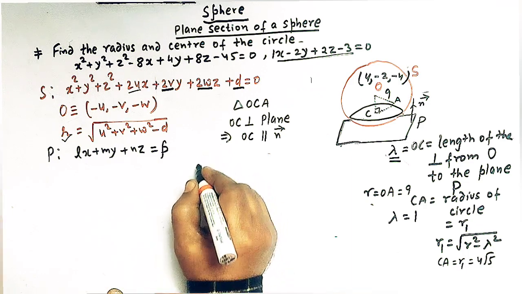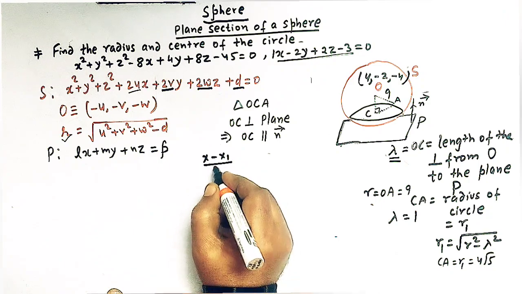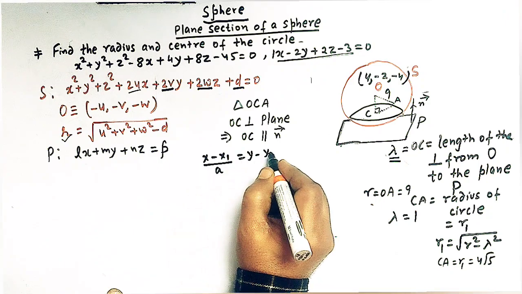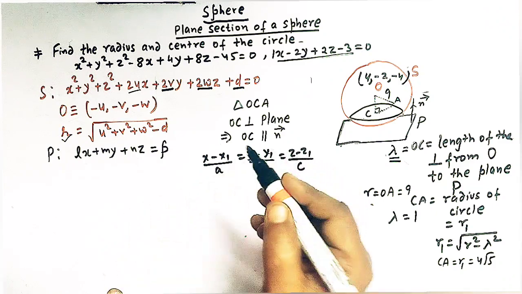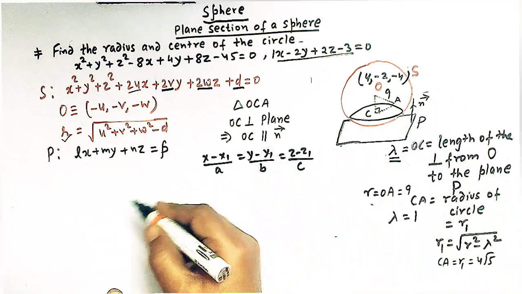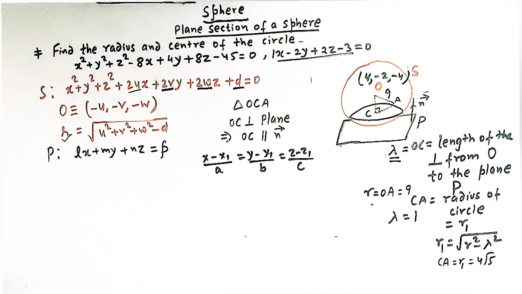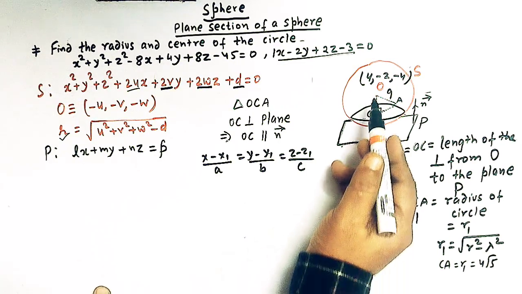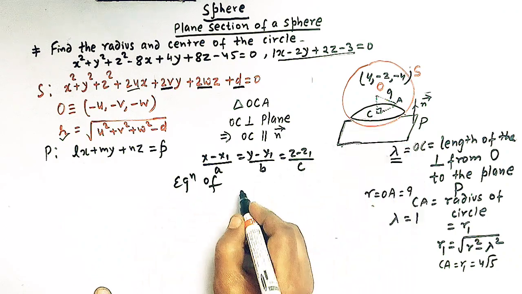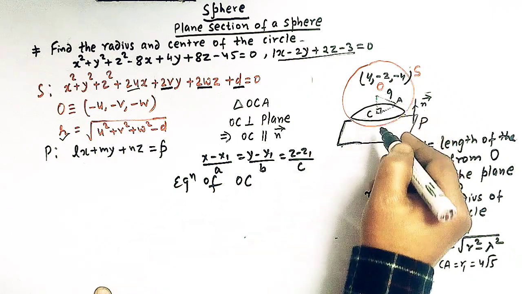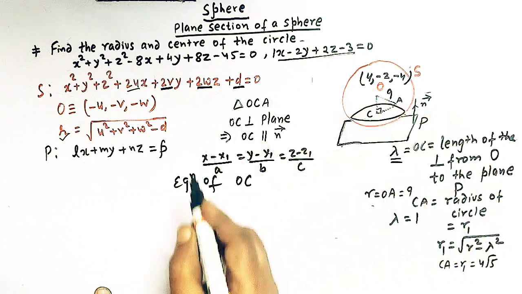And we know that the equation of a straight line is given by x minus x1 over a, y minus y1 over b, and z minus z1 over c, where x1, y1, z1 is the point lying on the line, that is, the line is passing through some point, and a, b, c are the direction ratios of the line. So here we'll find out the equation of this line, that is OC, and OC is perpendicular to this plane P and parallel to the normal vector, right?